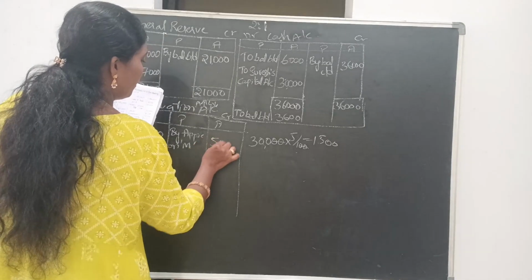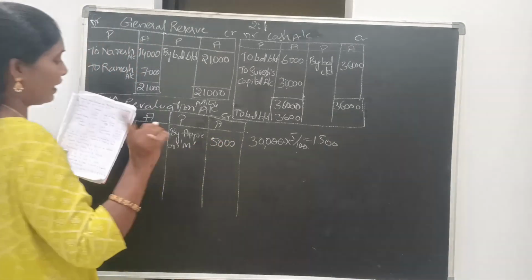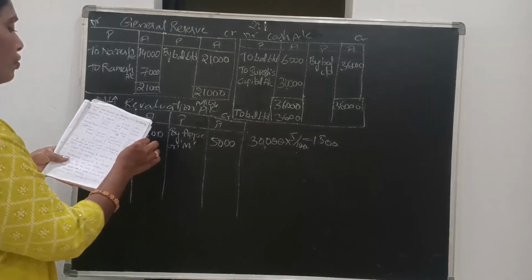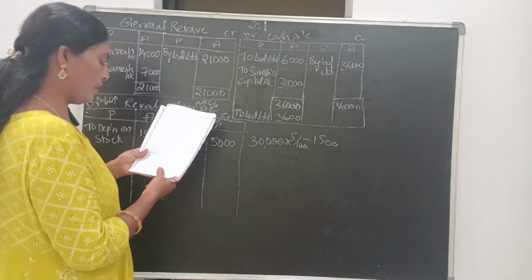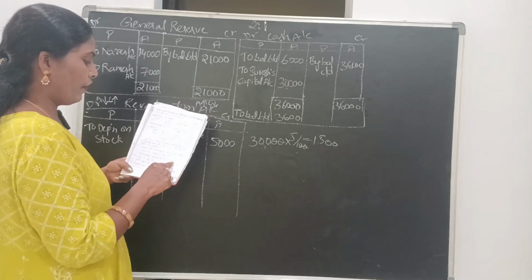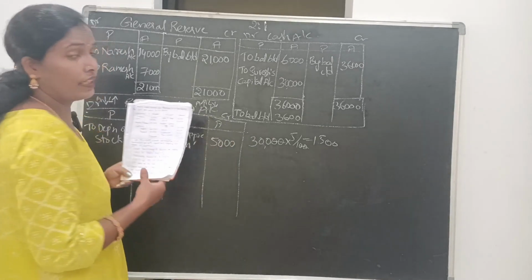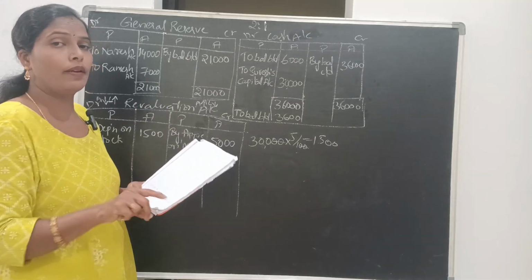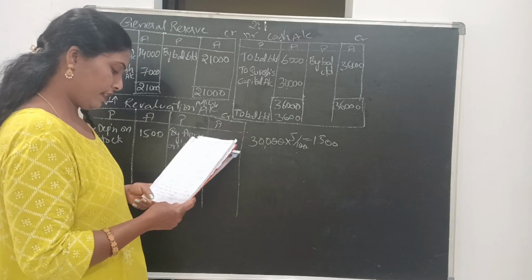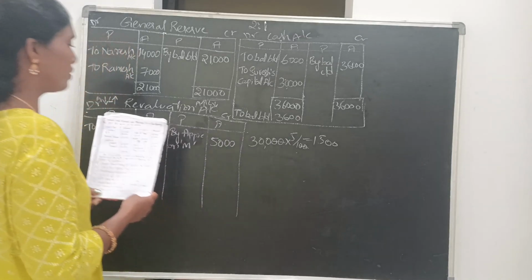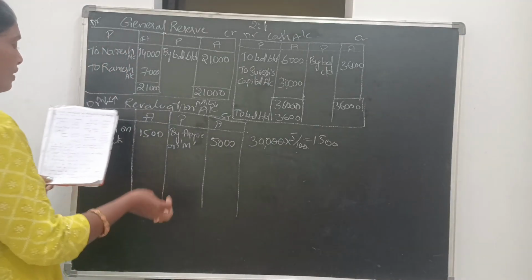You should write the difference, not the values. Those values you should show in a balance sheet. Most of the students make a mistake here. They write 50,000, the problem goes completely wrong and your balance sheet does not get tallied. So don't make such mistakes, only the difference you need to write.